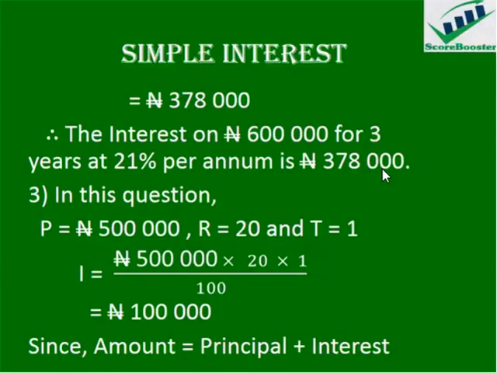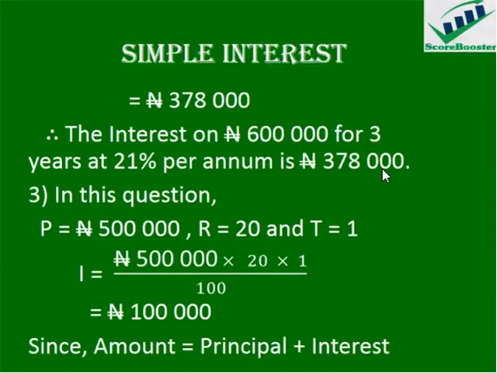So here we were told that Femi collected a loan of 500,000 naira, at a simple interest of 20% per annum. We are asked to calculate the amount we will pay back at the end of that particular year he collected that loan. So the first thing is that we calculate the interest. After calculating the interest, we add the interest to the principal, which is the amount we collected, and that is going to be the amount he will pay back.